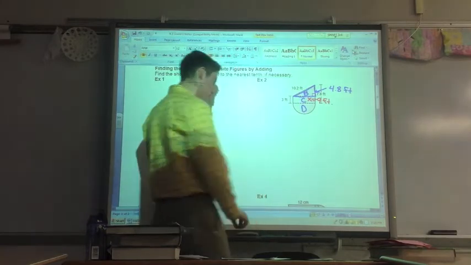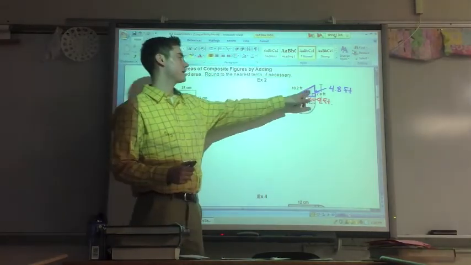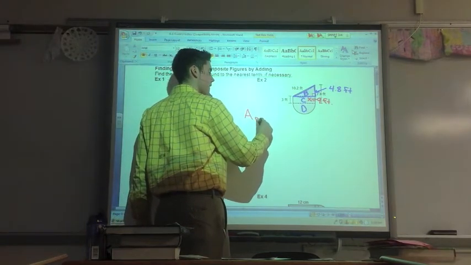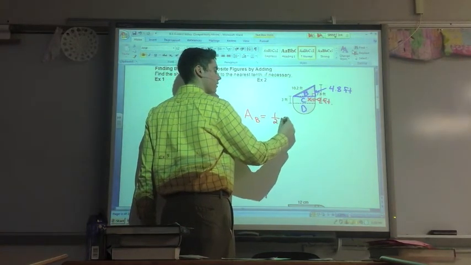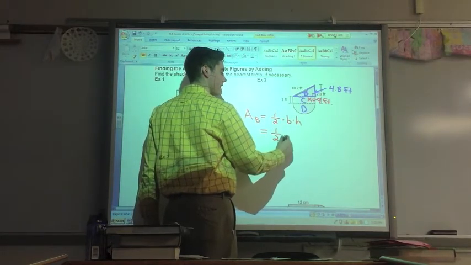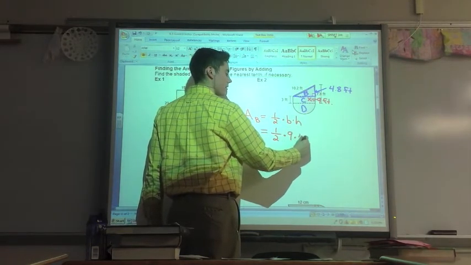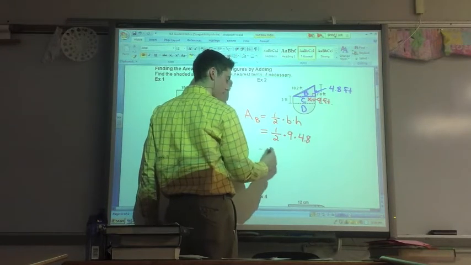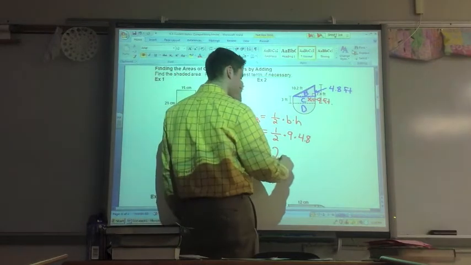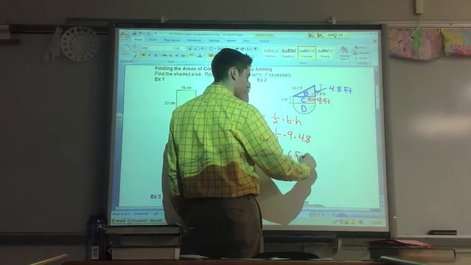But anyway, we're ready to get started now to figure out first the area of region B. And that's equal to 1/2 times the base times the height. In this case, 1/2 times 9 times 4.8. And when you evaluate that, you get the area of region B being 21.6 feet squared.